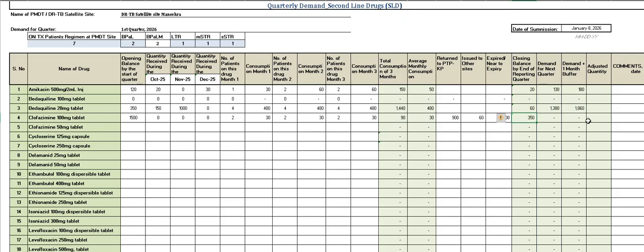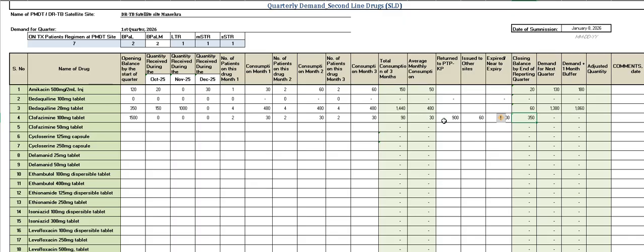So here you can see that your opening balance plus the drug received during 3 months will be entered. Then during each month you will have to enter the patients, how many patients are using this drug, and how many tablets you are going to dispense to them. This will become total consumption, and this will be the average monthly consumption.